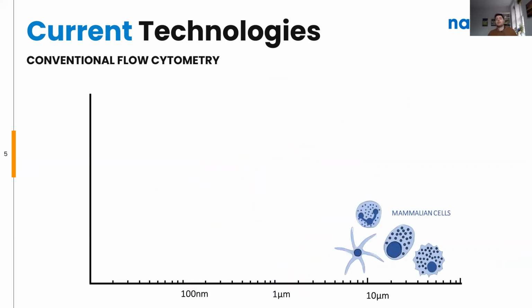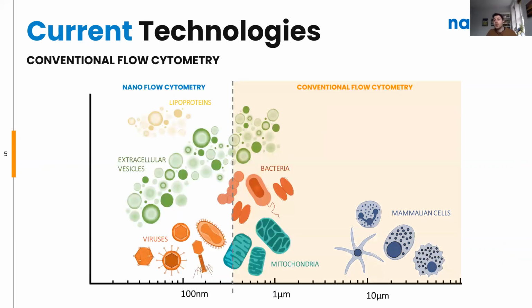And part of the reason for this adoption of nanoflow is that it stems from such a widely used analytical method. Conventional flow has been incredibly important for cell biology and has progressed to allow for in-depth interrogation of some of the larger particles of interest that some of you here might be researching yourself.